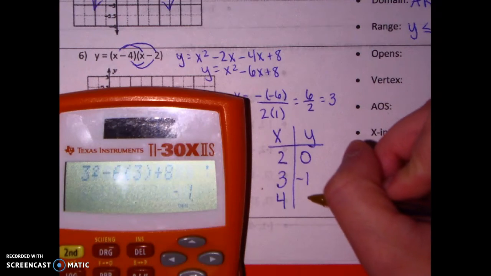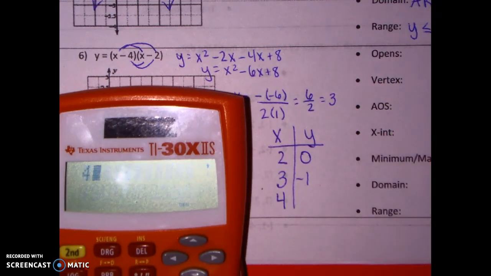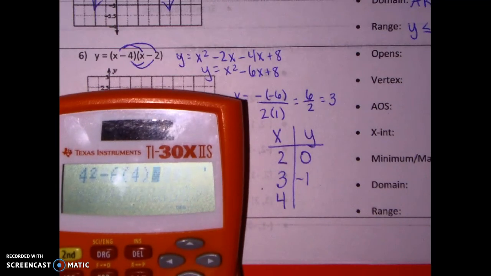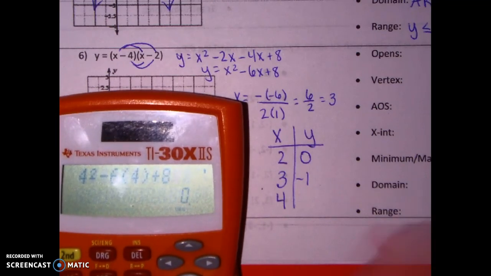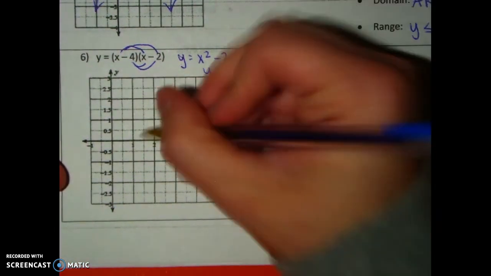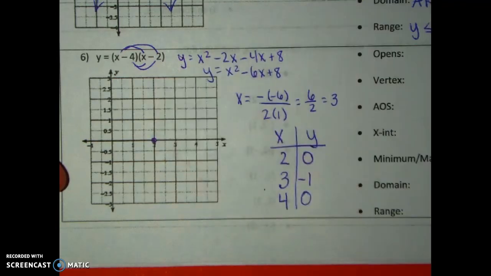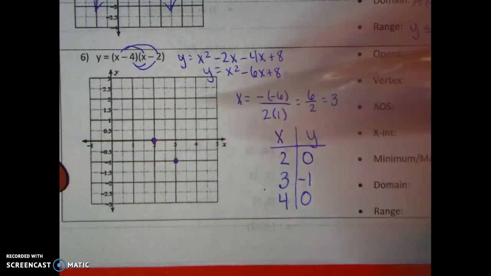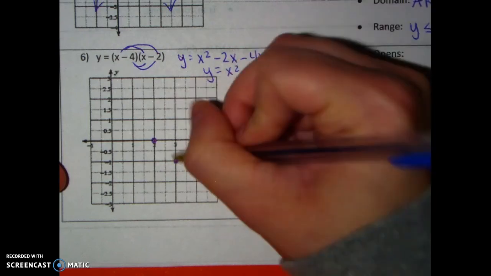And I hope this next one is 0. 4 squared minus 6 times 4 plus 8 is 0. So those are my 3 points that I'm going to graph. 2, 0, 3, negative 1, and 4, 0.